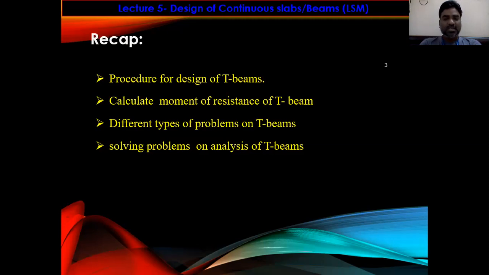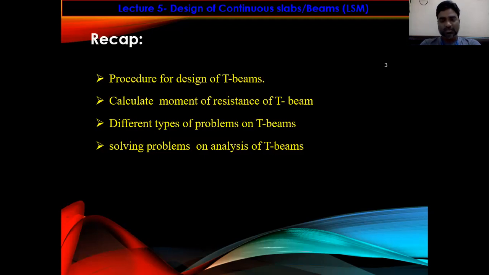If the depth of neutral axis is within the flange, it is similar to a singly reinforced beam. If the depth of neutral axis is within the web, there are two cases, depending on whether the compressive stress is uniform throughout the thickness of the flange or not.